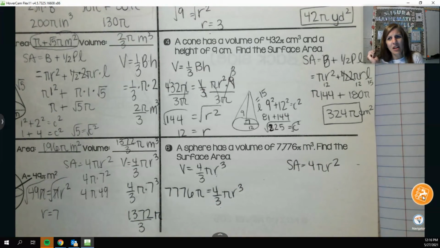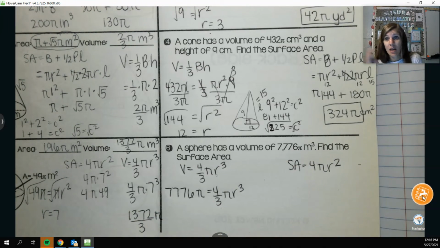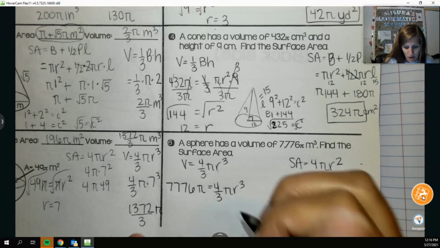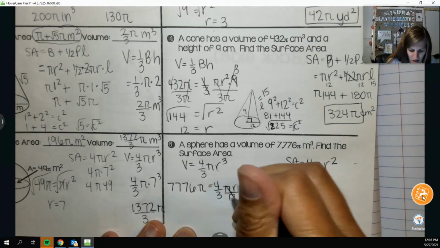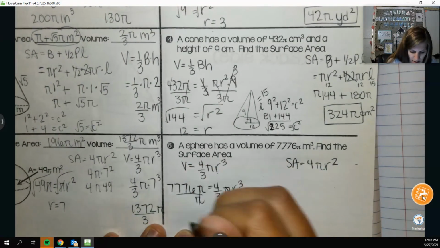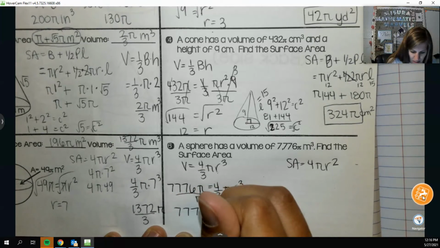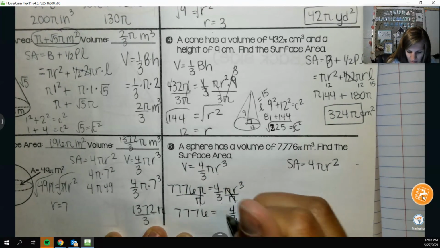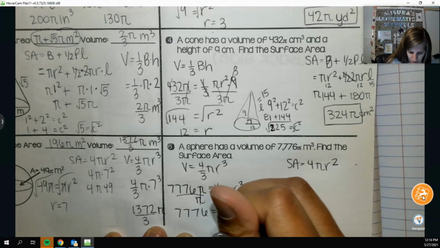Now, in the other ones I was dividing by a number and pi at the same time. Technically I can do that here as well, but it's a fraction, so I'm going to divide them one at a time. The pi is going to go, because to get rid of a fraction I don't really want to divide it. I want to multiply by the reciprocal.